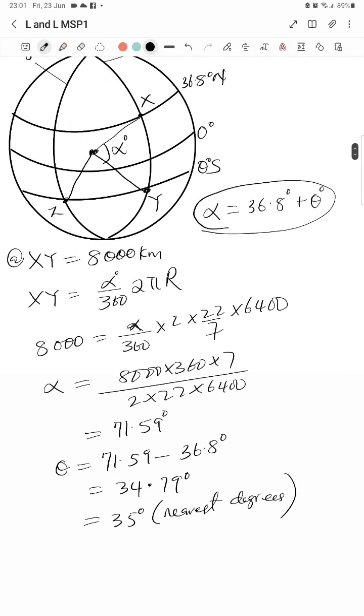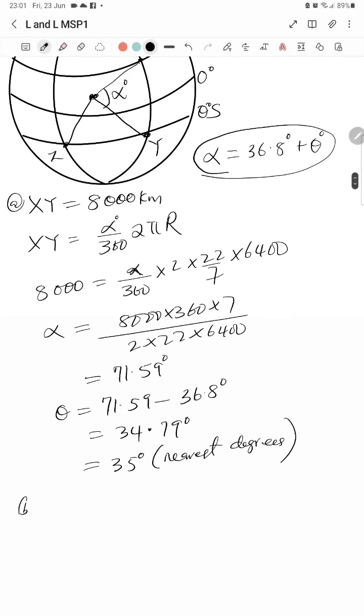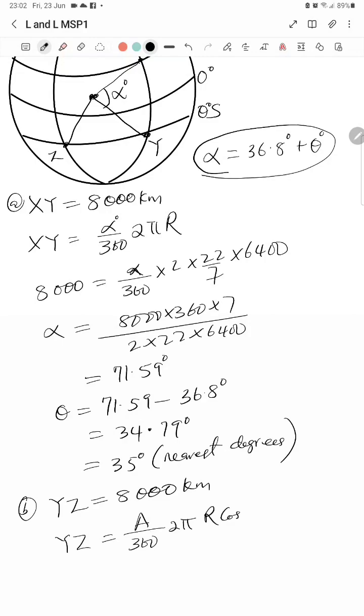For B, our YZ is going to be 8,000 kilometers too. So YZ is the angle over 360 times 2 pi r cos theta degrees. This time around, this is the theta we are going to use.